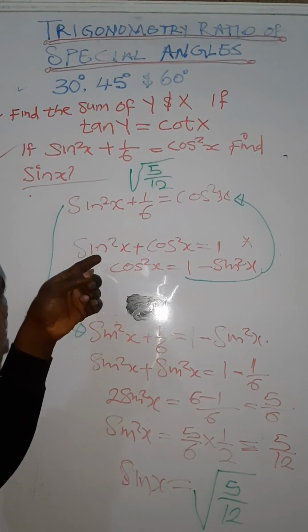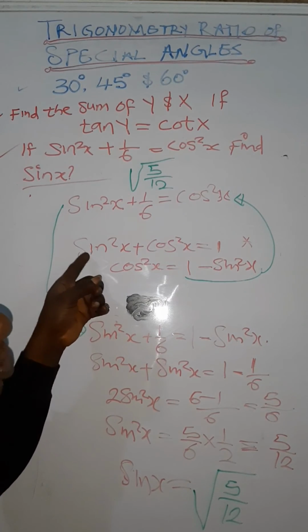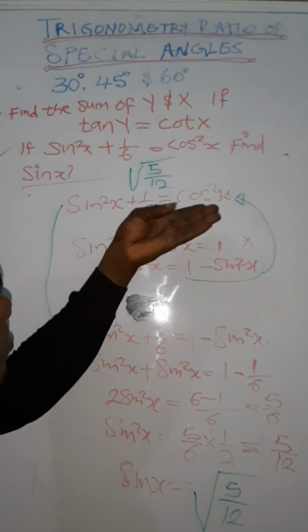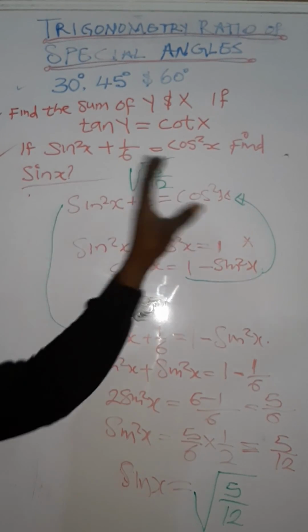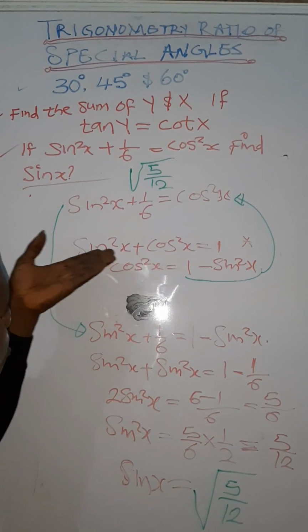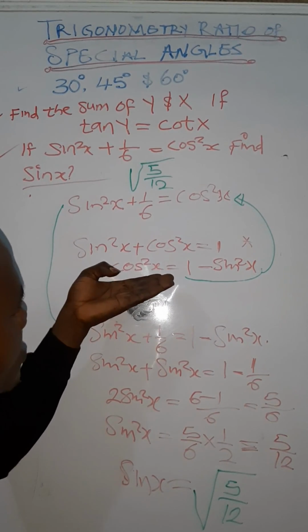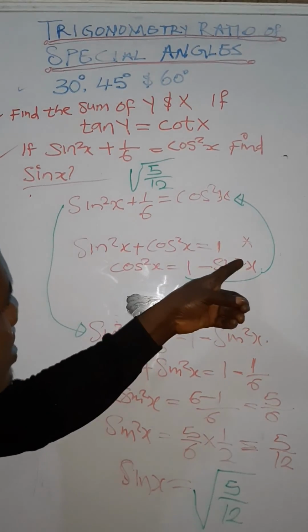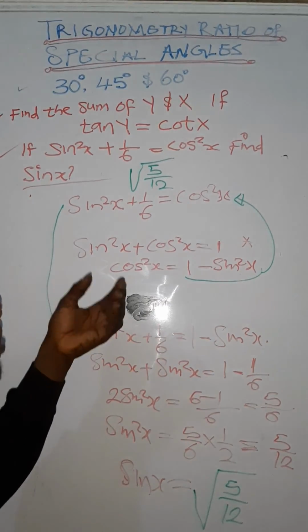So in that case, I'll make cos square x the subject of the formula, since I'm looking for sine x. I'll find a way of removing this, turning the whole equation to sine and some constant number. Making cos square x the subject of the formula is by putting this to this side, so I'm having 1 minus sine square x.